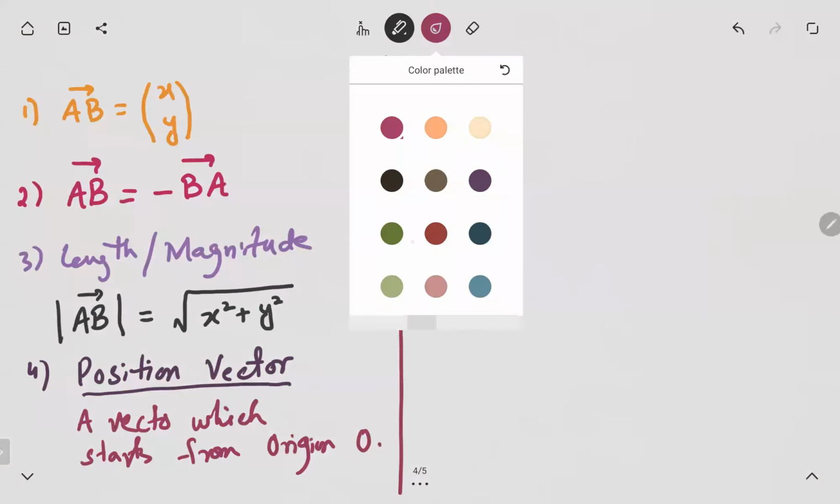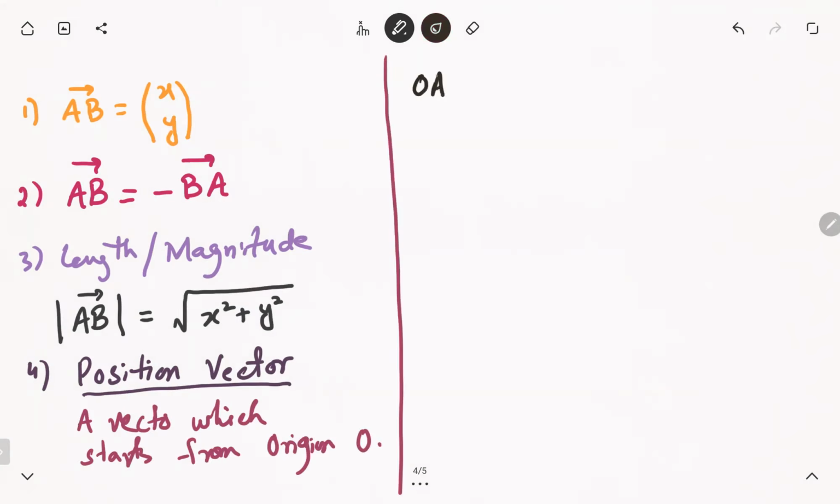For example, if I write here OA, is that a position vector? Yes, it is starting from O. So this is a position vector, and this is the position vector of A. You will write position vector of A. If I write OM, is that a position vector?